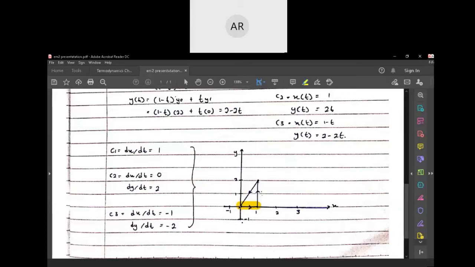For C2, there is no change at x, and dy/dt is positive 2, so it moves upward. For C3, dx/dt is negative 1 and dy/dt is negative 2, so it moves 1 unit in x to the left and 2 downward in y. So that's all from me. Thank you.